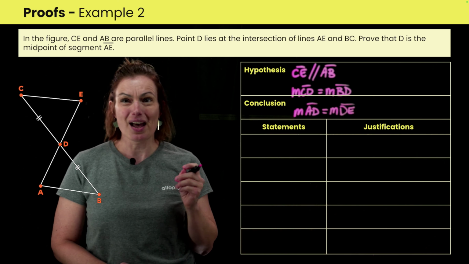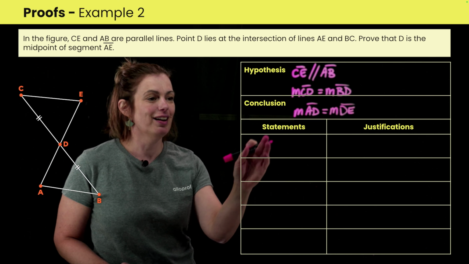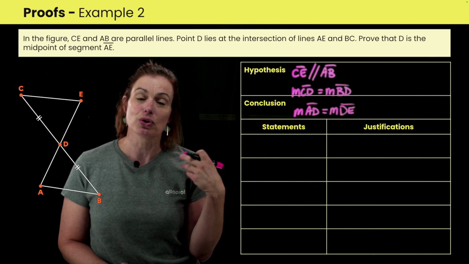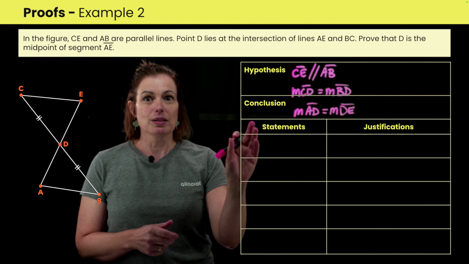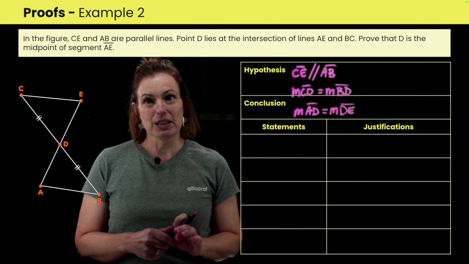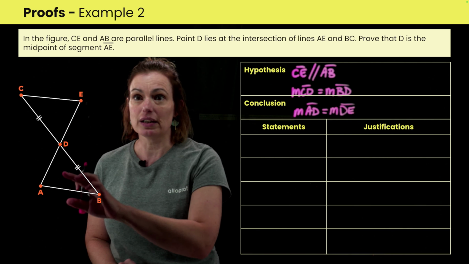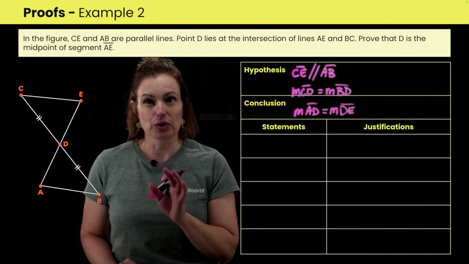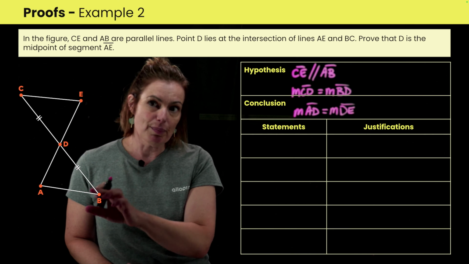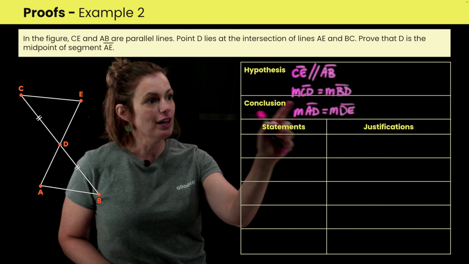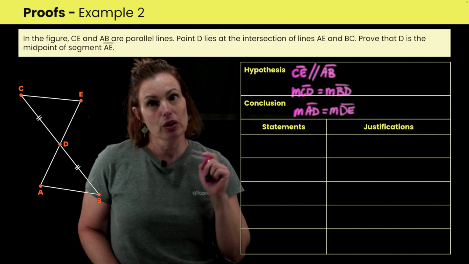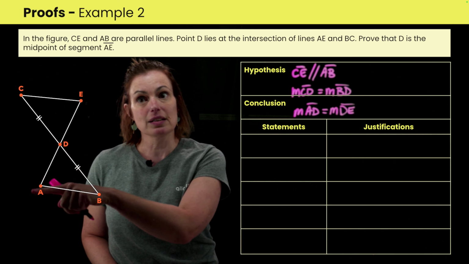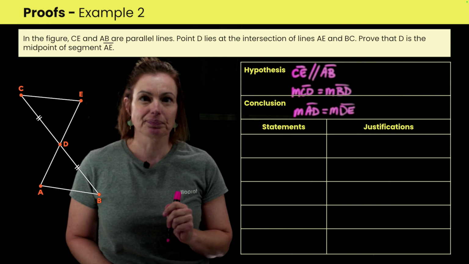All right. So now that I know what I want to prove, I've got to make a bunch of statements in order to prove it. One of the ways to prove that this statement is correct is to go back to the idea that these are congruent triangles. If I can prove that my two triangles are congruent to each other, then I can prove the statement that my measures are equal to each other, or in other words, D is the midpoint of AE.